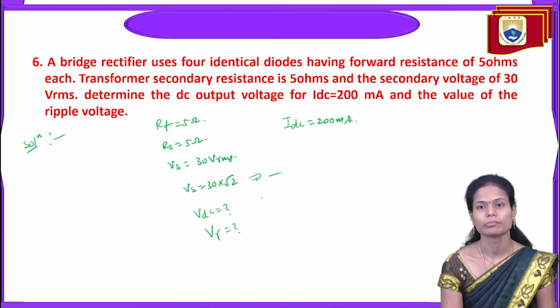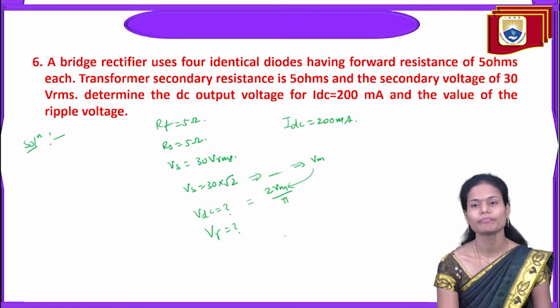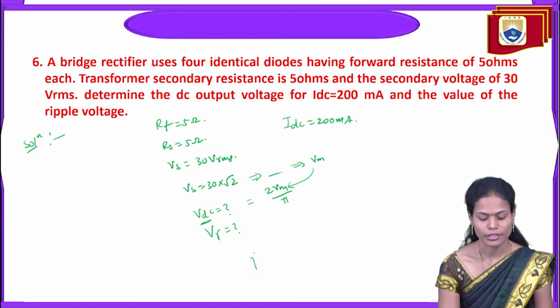VDC for the bridge rectifier is 2 Vm by pi. From the Vs value we can calculate the Vm value. After calculating Vm, if we substitute here, we can get the VDC voltage.